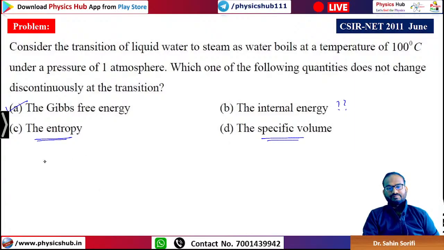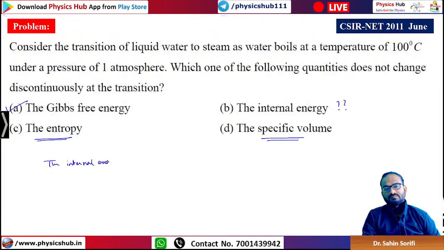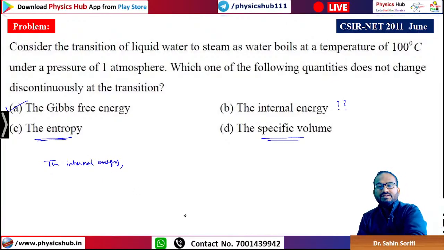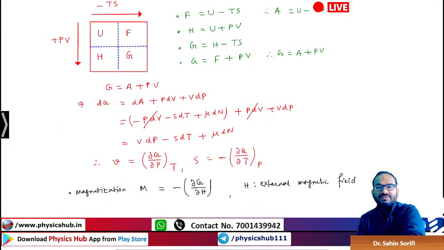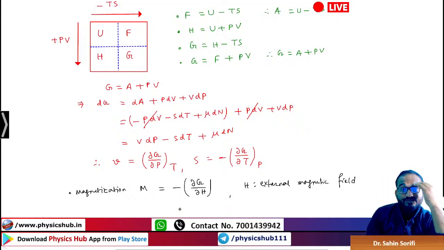Look, we are specifically talking about the internal energy. If you look at the table U, F, G, H, internal energy, you can see it is G plus Ts minus PV. Okay, H equals to U plus PV, right?